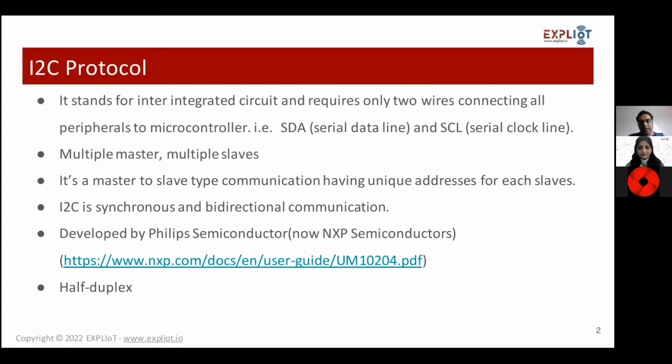In the previous webinars that we have conducted, we discussed the UART protocol, the SPI protocol, and their security issues. Now, coming to I2C, it comes under the category of synchronous communication. When we say synchronous communication, it means that we need a reference clock for that.